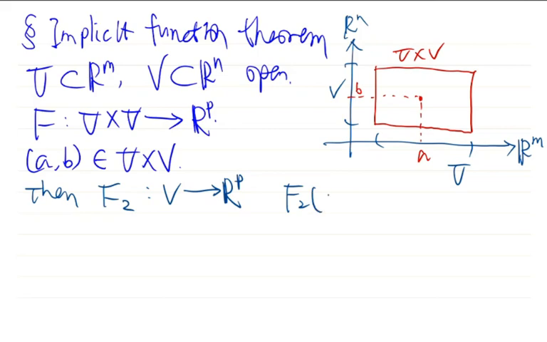F2 of y is precisely F(a, y). F has two variables, x and y. So we fix x equal to a, and just let y change. So we obtain a map depending on y only. This map is our F2.